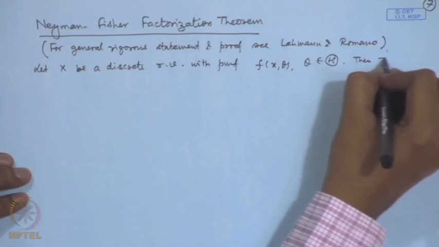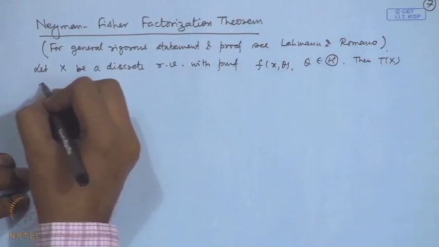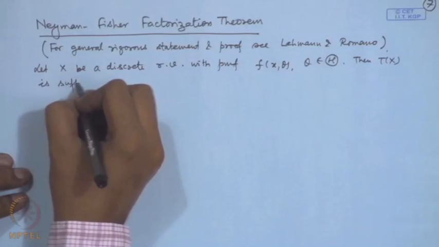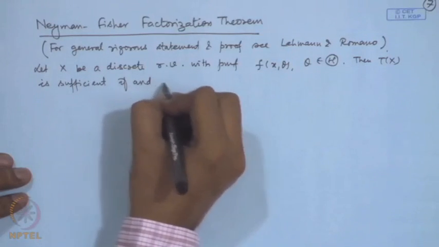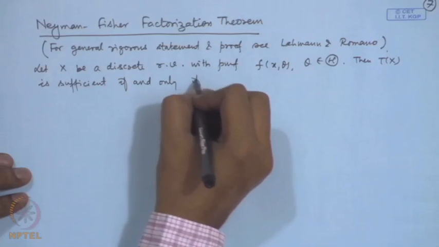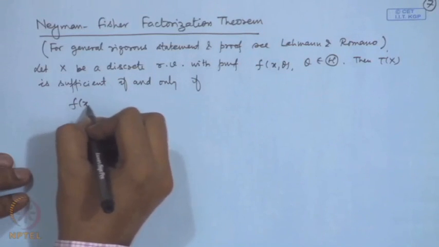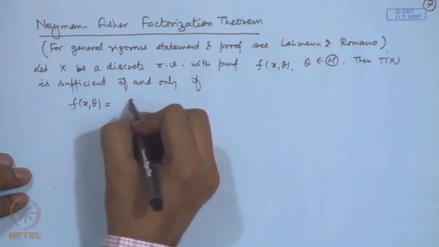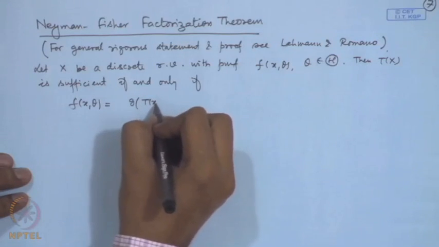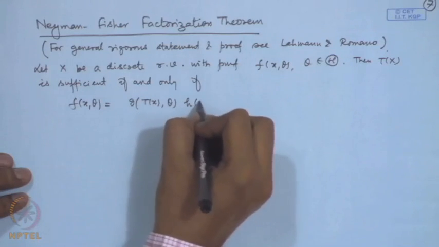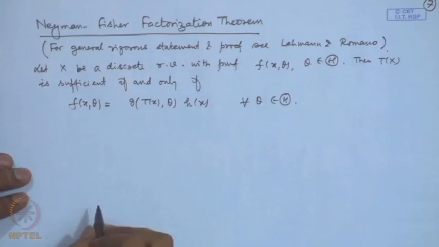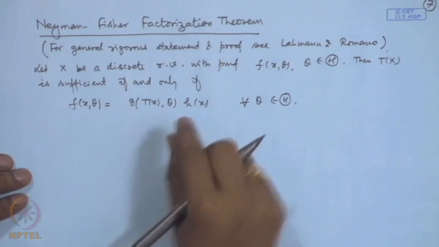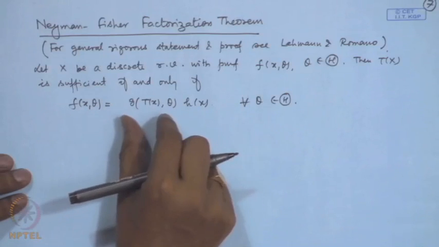Then T(X) is sufficient if and only if f(x, theta) is equal to g(T(x), theta) into h(x) for all theta. So, we are calling this the factorization theorem.